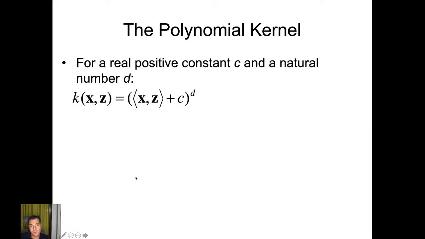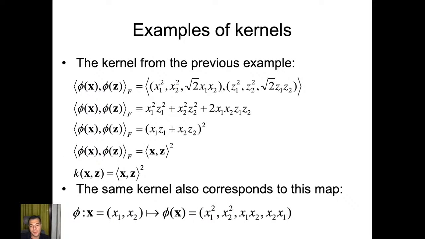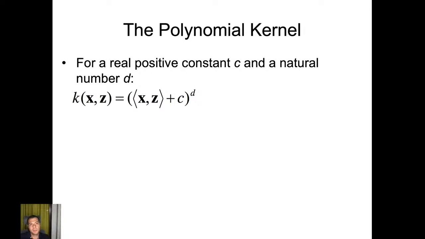Okay, so this is a particular case of what is known as the polynomial kernel. The more generic formulation is the scalar product between the vectors plus a positive constant c, and all is raised to the power d, where d is a natural number.